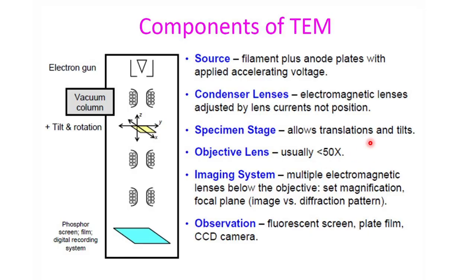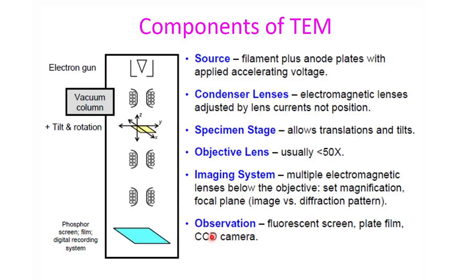Now these are the components of a transmission electron microscope. Of course there is a source to generate the electron beam. There is also a condenser lens, specimen stage, objective lens, imaging system, and CCD camera, that is charge coupled device.